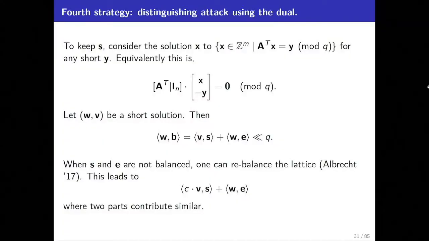So that's the simple modification. To keep S, we'll find the X such that X does not completely cancel A. However, it cancels A up to a short vector Y. Here, I only require that X and Y are both small.